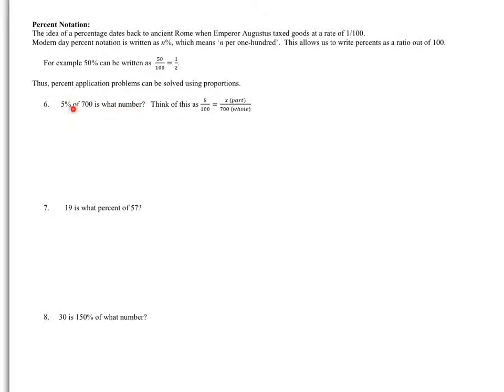Now, 5% is 5 over 100. 5% of 700 is what number? So we're looking for the part out of the whole 700. To solve that proportion, we use our same cross products. 100 times x is equal to 5 times 700.